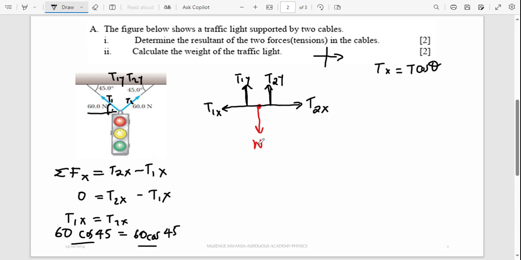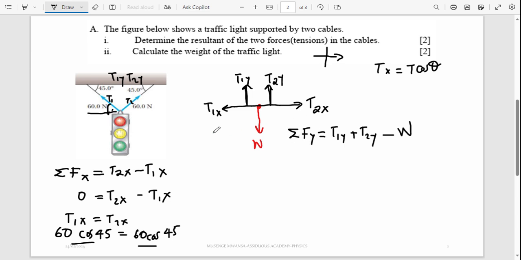But our interest for finding the missing term is to use the components in the Y. So net force also in the Y is going to be, let's get first what is going in the positive Y. So I've got T1y, add also T2y, remove what is going in the negative y, that is the weight.